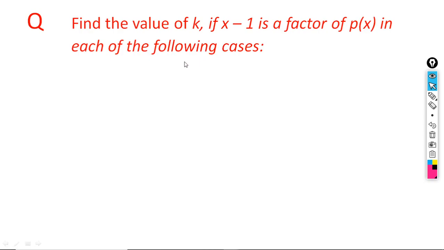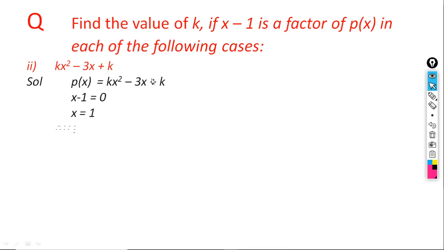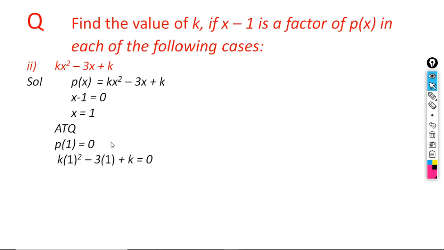This is the second part of the previous question. Here it is given kx square minus 3x plus k. Considering the polynomial p of x, substituting x minus 1 equal to 0, finding x. The condition according to the question is p of 1 equals 0.